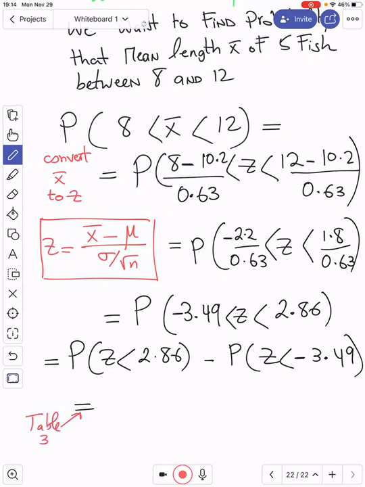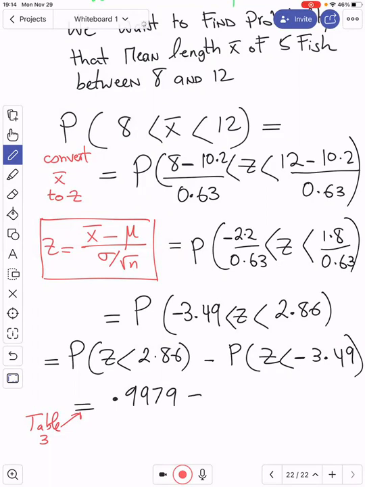So the probability that Z is less than 2.86: nearest tenth is 2.8, nearest hundredth is 0.06. From the table, that will be 0.9979.